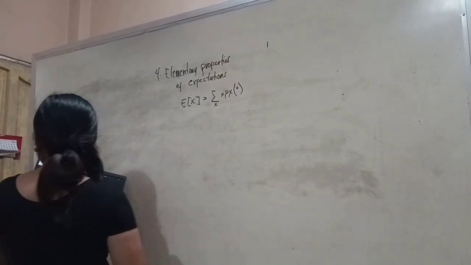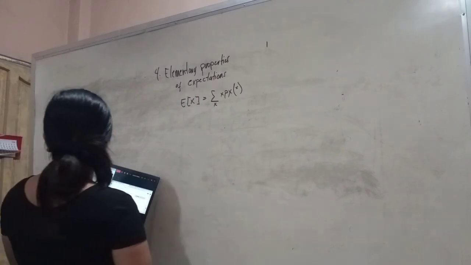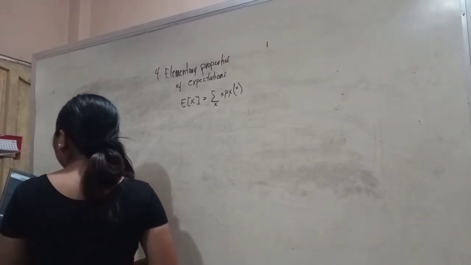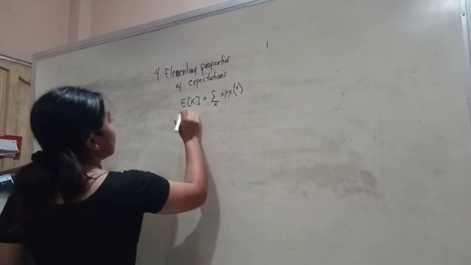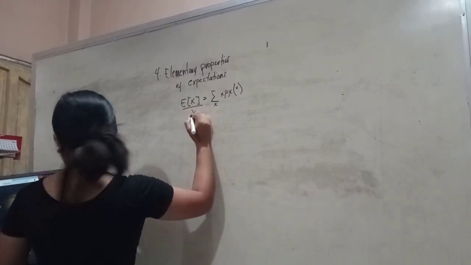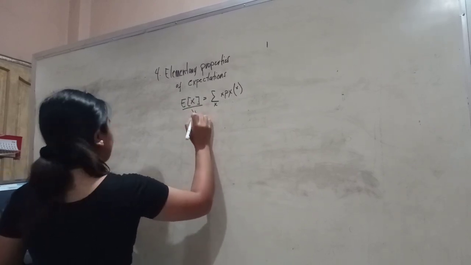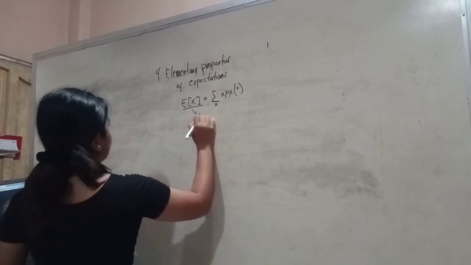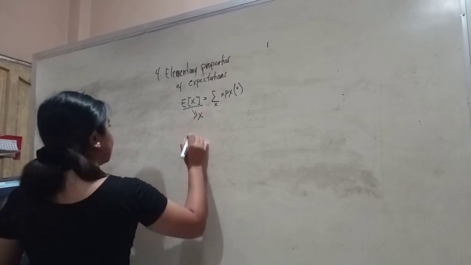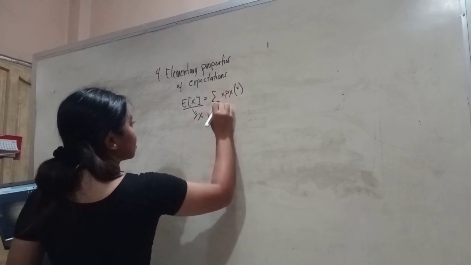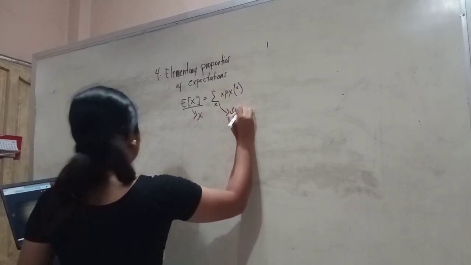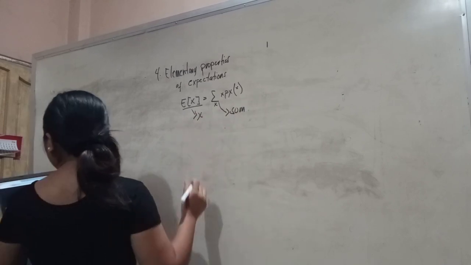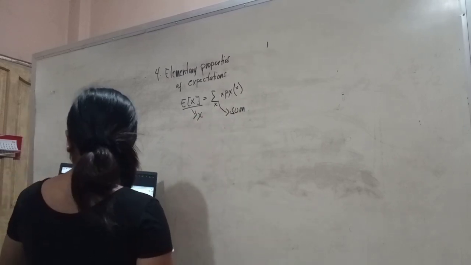This is the fundamental definition of expected value, or expectation, for a discrete random variable X. This represents the expected value of the random variable X. The sum is taken over all possible values that x can take.